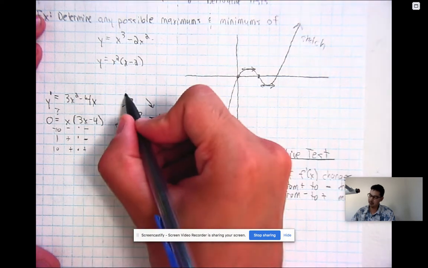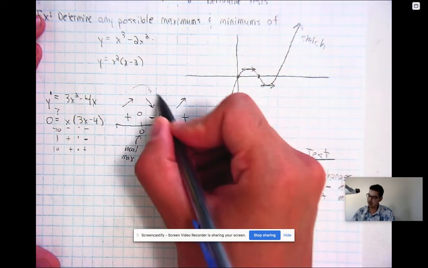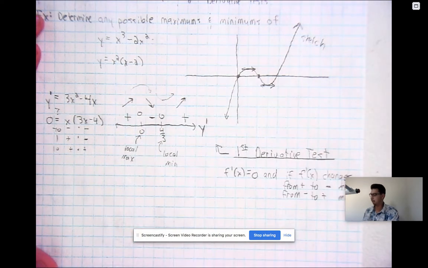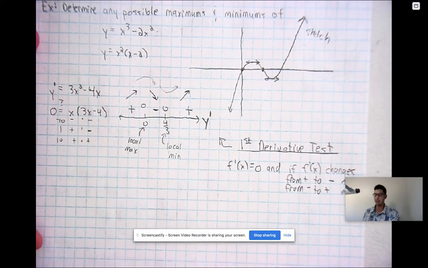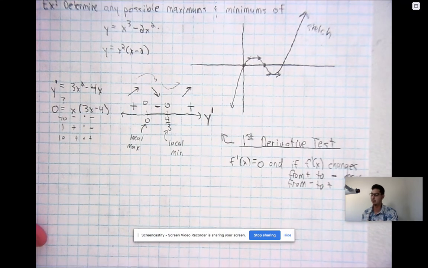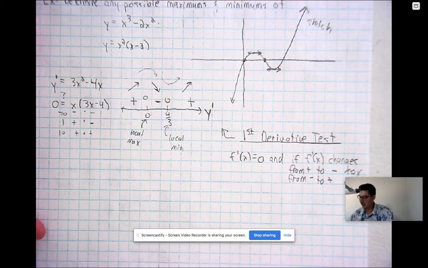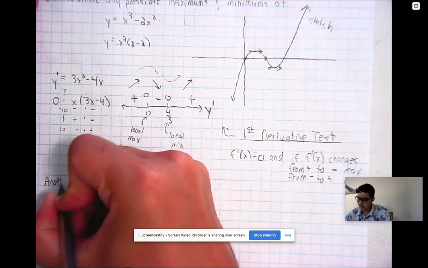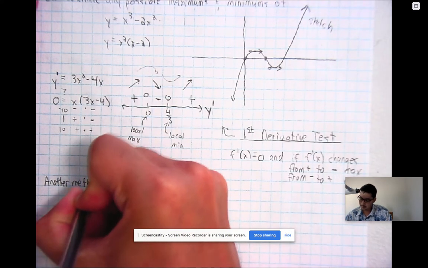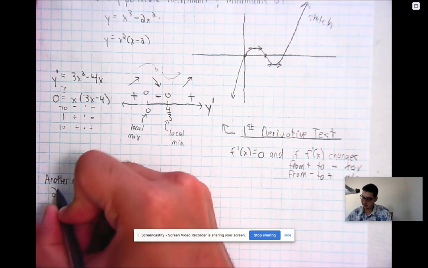Seen here, like if I was to sketch these, you can see that you'd have a maximum and a minimum. Okay, and that's what we've done all along as a first derivative test, just looking purely at the first derivative to find everything else. But there's actually a second possible way, another method that comes in handy sometimes, called the second derivative test.